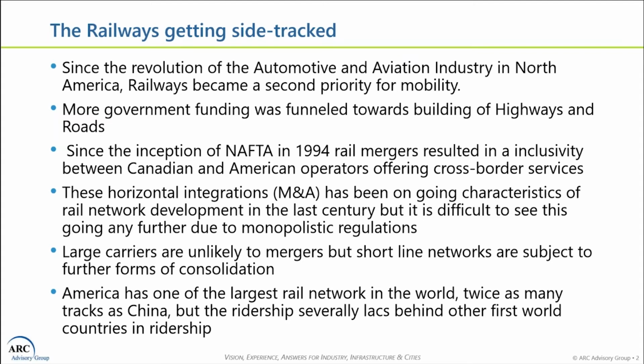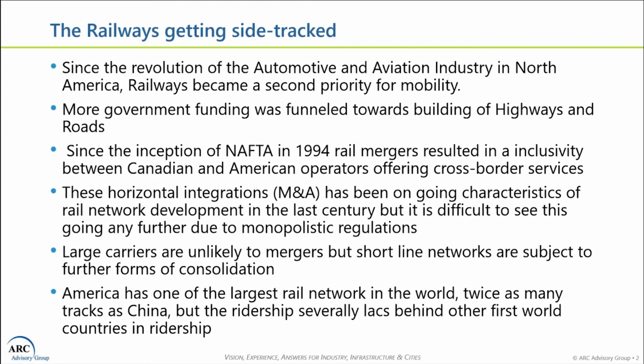Then came the inception of NAFTA in 1994, which did result in somewhat more inclusive economies between Canada and America, offering cross-border services for passengers and goods being transported. During this time, we saw a certain amount of horizontal integration.